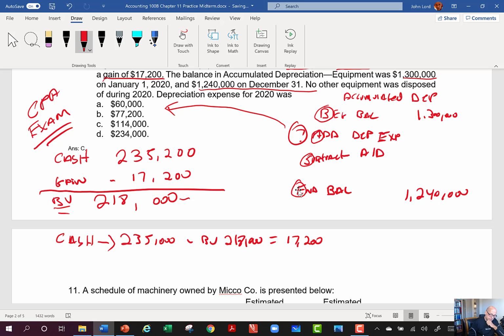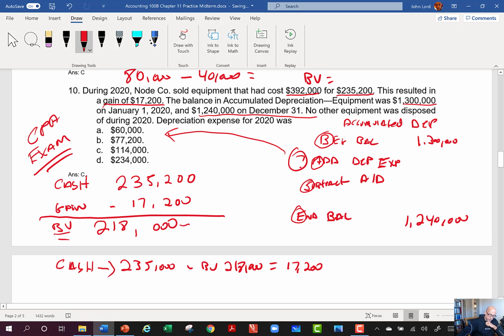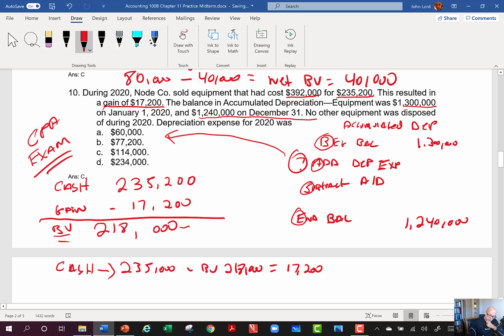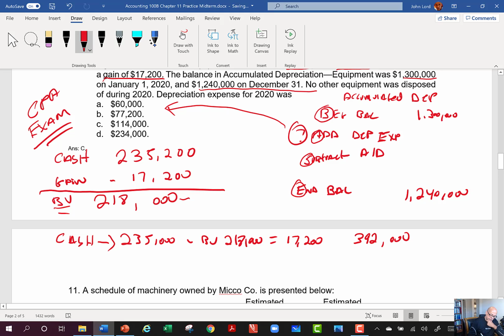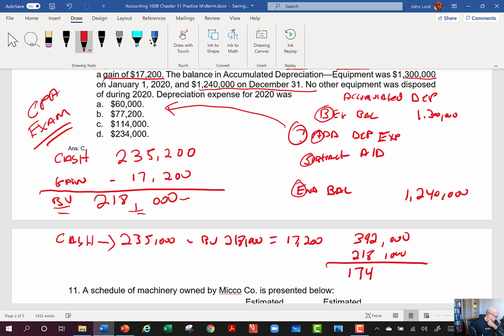If they purchased the asset for $392,000, and I calculated the book value of that equipment was $218,000, that means the accumulated depreciation for that equipment must have been $174,000.